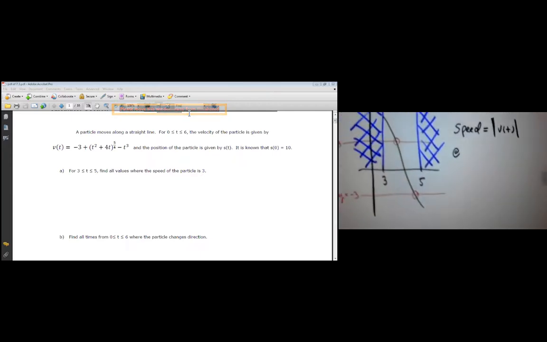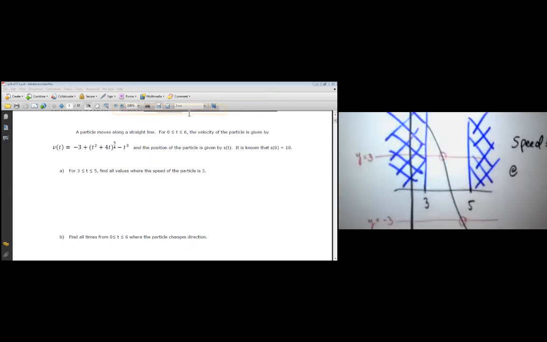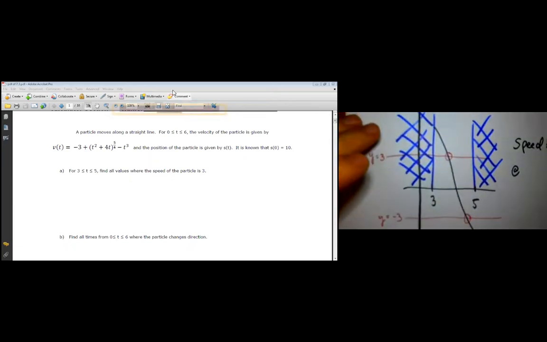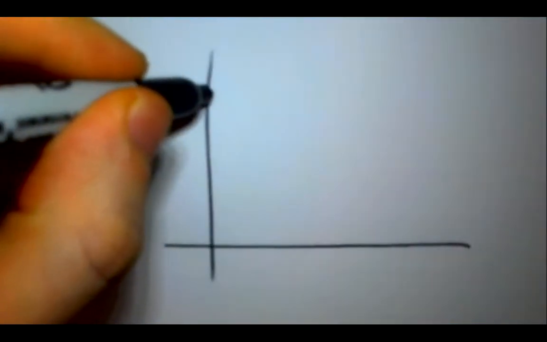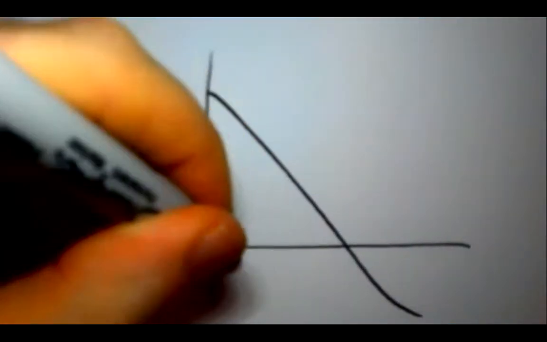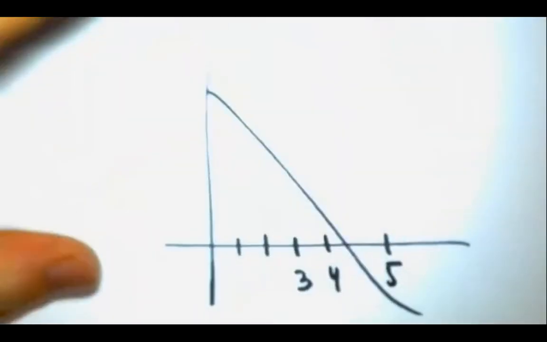Because now if we said v of 3, that just means plug in 3 for x, right? Let me turn this off for a second because it's important we know the difference here. If I tell you here's a graph, let's forget about those boundaries. Let's say here's 1, 2, 3, 4, 5, whatever.